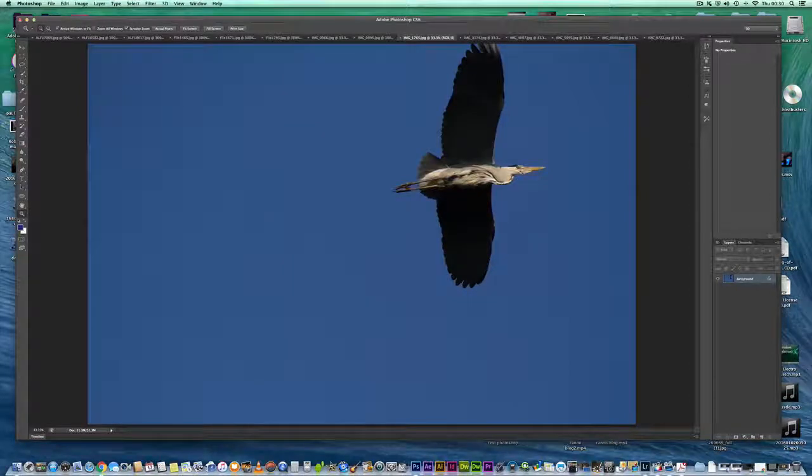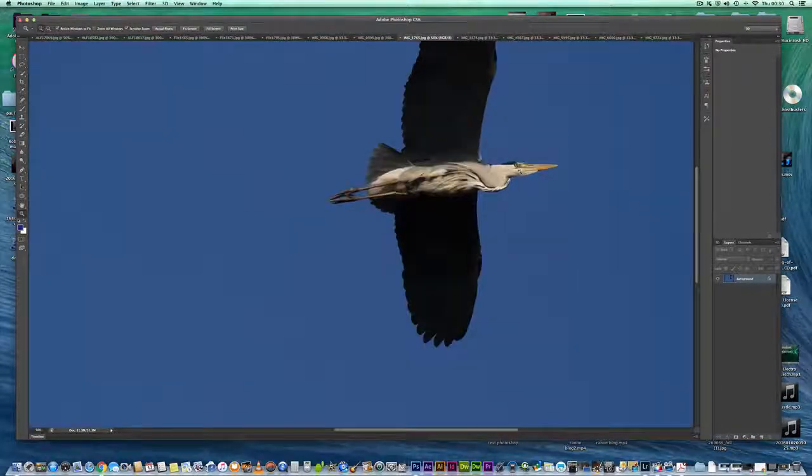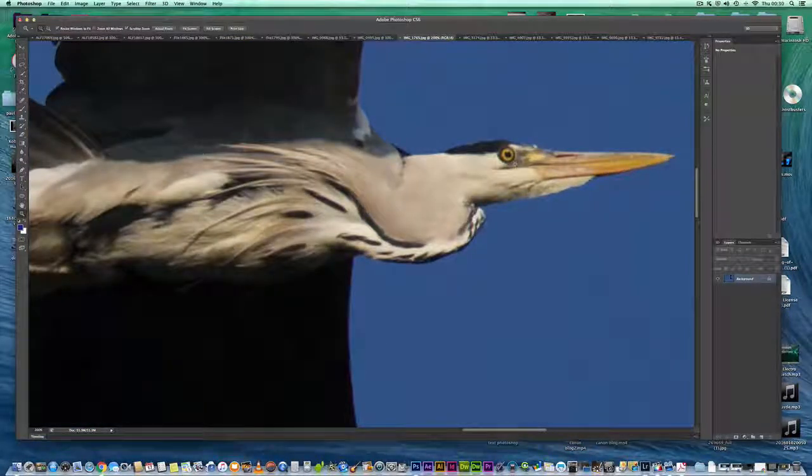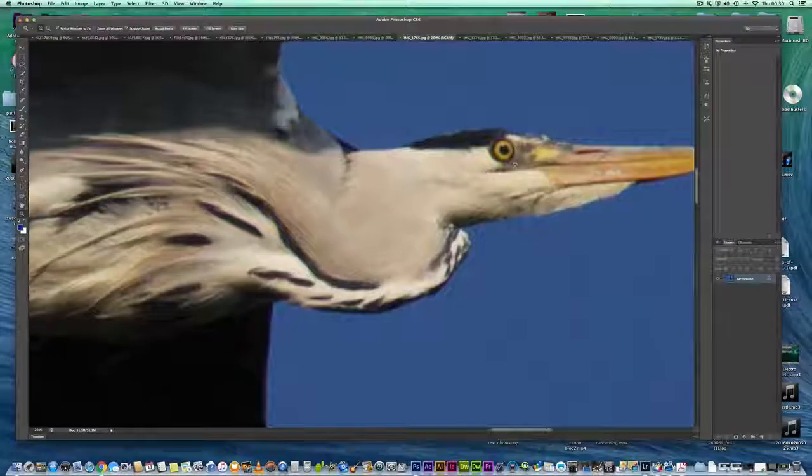So hopefully this will give us an indication of how sharp the picture is. 100%. I would say at 100% this picture is certainly printable at a large size. 200%, 300%.